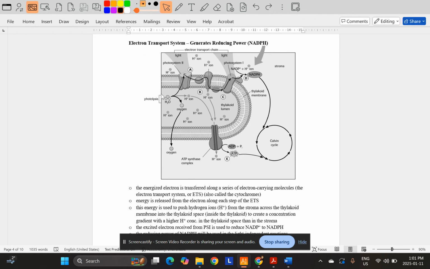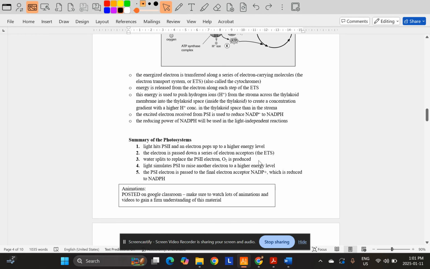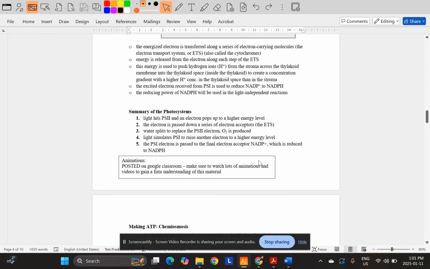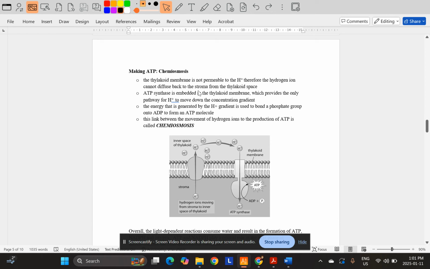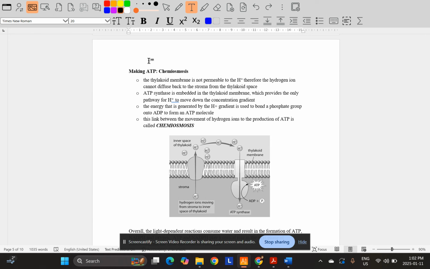So this second part of our light dependent reactions, the making ATP part, is called chemiosmosis. Think of it, chemi, because it's for chemicals. And osmosis is the movement of water from a high to a low concentration. But that's not what's moving here.